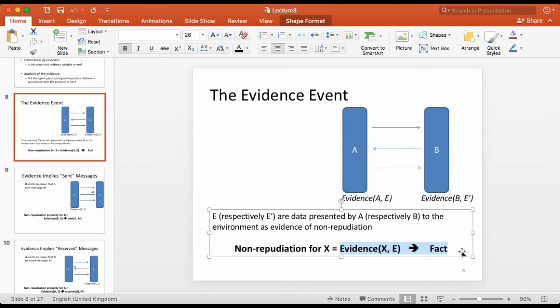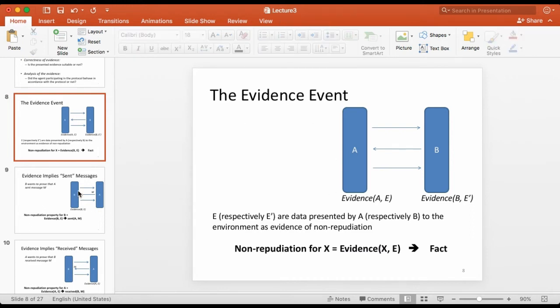And remember we said that, our interest being in the context of communication protocols, our interest in these facts is purely whether certain agents or entities sent or received certain messages, and that's as far as we go, simply because we're working within the context of communication protocols, and we're not interested in other types of facts or events.